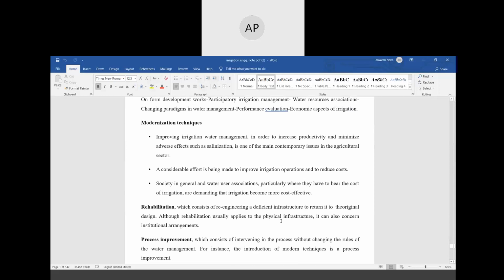Last class we were discussing modernization techniques, isn't it? How irrigation can be improved with better quality, better skill, better renovation ideas, re-engineering.